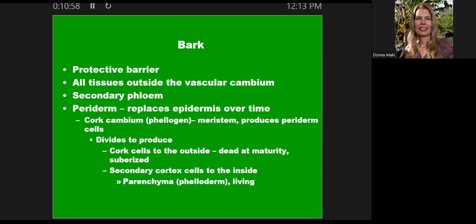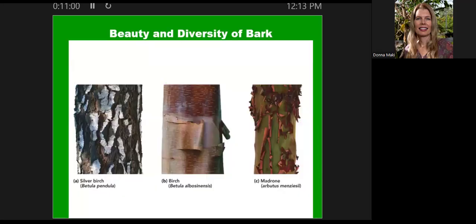Bark can be very diverse visually. I'm sure, just living your life to date, you've noticed that bark can look very different. Sometimes it can be very thick, sometimes it's pretty thin. As you know, the birch likes to peel.